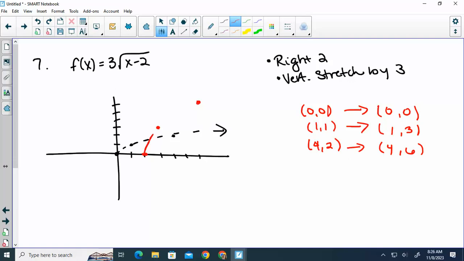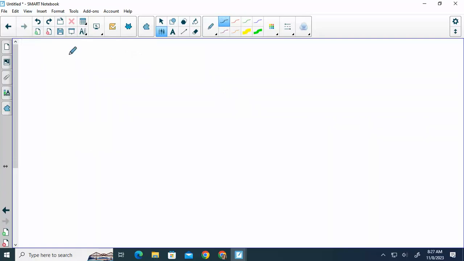So we can see that our graph got moved over to the side and became really tall and skinny there. Is that okay? Okay.